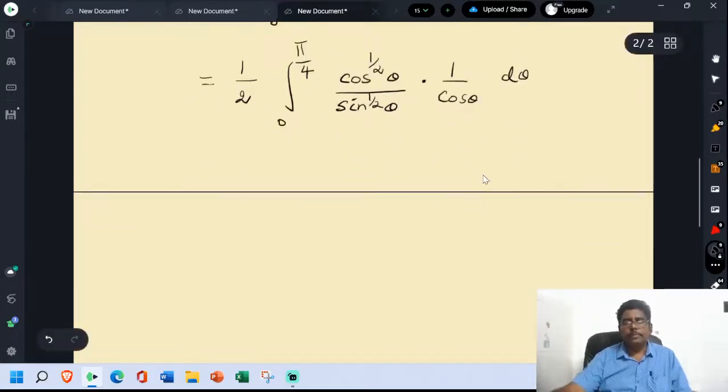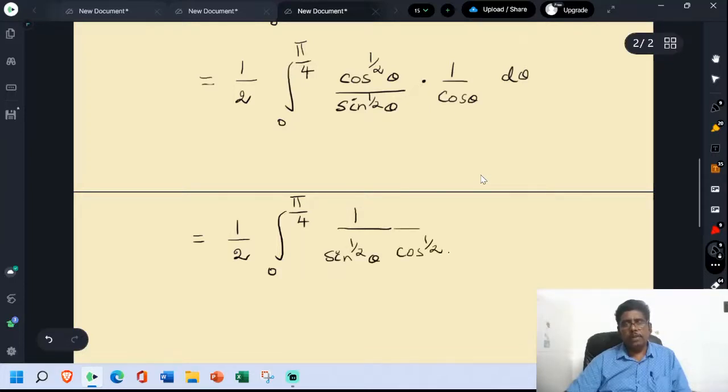Now this is modified as 1 by 2 into limit varying from 0 to pi by 4, 1 divided by sin power half theta, then cos power half theta into d theta, because this cos power half theta divided by cos power 1 theta, if you simplify these two, you get cos power half theta.